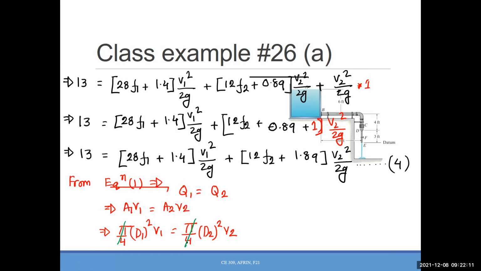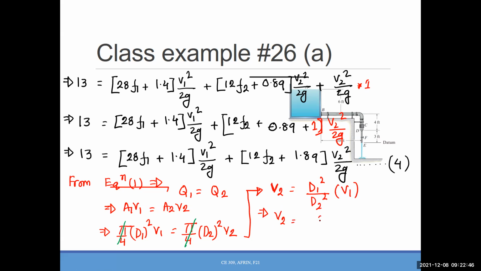Okay, so cancel this one, and then if I just move here, you can express V2 in terms of V1 or V1 in terms of V2. That doesn't matter. So I will just use V2. So D1 square over D2 square, V1.